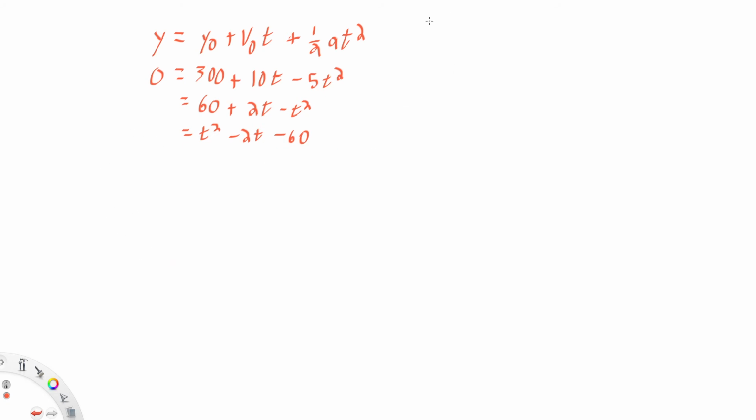So remember, the hypothesis for the quadratic equation is that if you have something of the form ax squared plus bx plus c equals 0, then x equals minus b plus or minus square root of b squared minus 4ac, all over 2a.